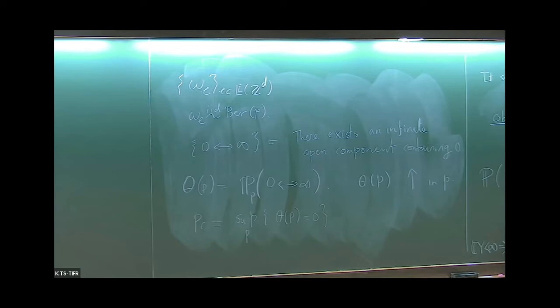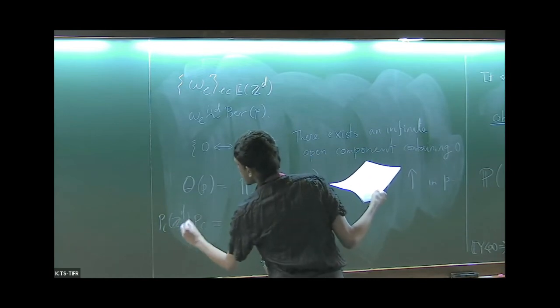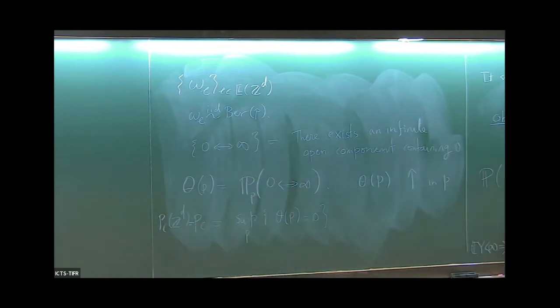This depends on the lattice, of course, p_c of Z^d, simply to be the supremum of all p such that theta p is 0. So as you increase p, the probability of 0 being in an infinite cluster stays 0 for some time, and then after p_c, it becomes positive.